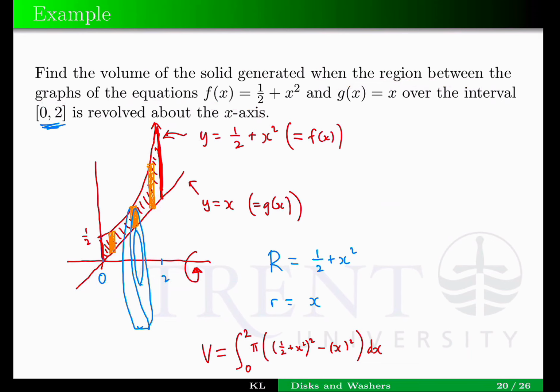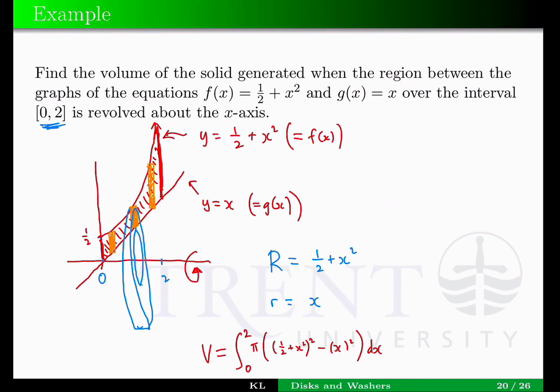Of course, if your function is x in terms of y, then you have to use y as the variable of integration. If x is in terms of y, the strips that you will be using will be horizontal, and your axis of revolution must be vertical.